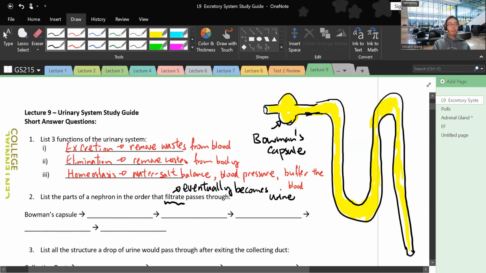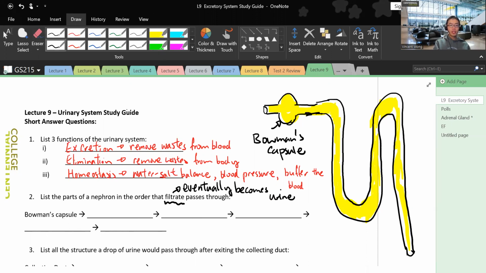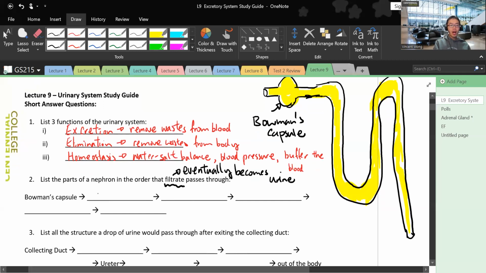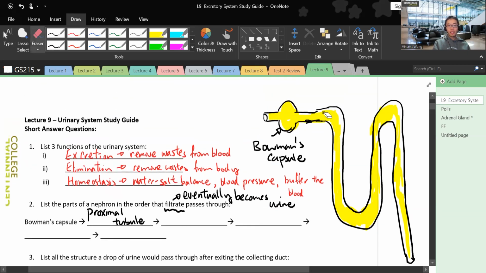All right. So starting at the Bowman's capsule, we are going to go to the proximal tubule. Proximal tubule, which is this part right here, this immediate part. PT. Proximal tubule. Okay.